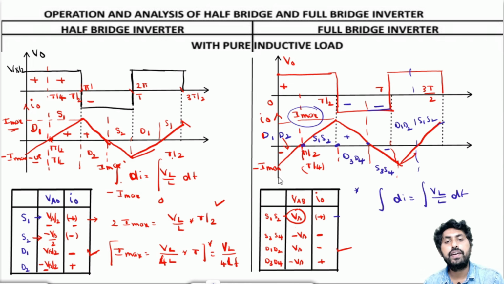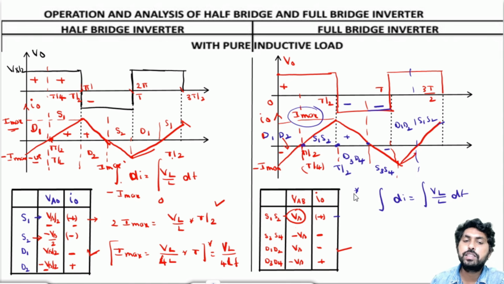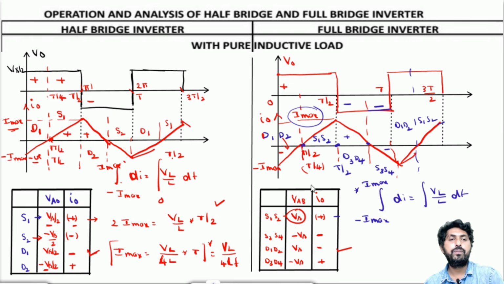If I take the limits from 0 to T by 2, di changes from minus I max to I max, and here VL equals Vs by 2. In this case VL equals Vs by 2.